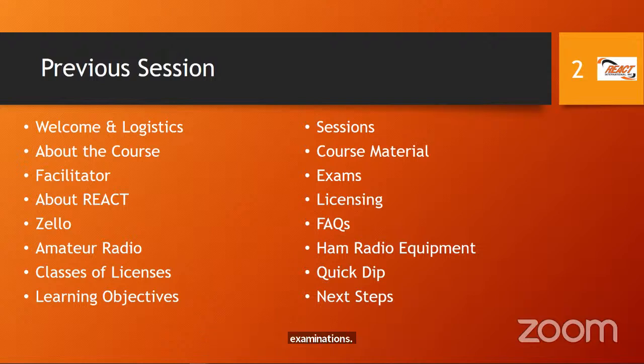And of course, we had a brief look at the licensing process, both for the US and Trinidad and Tobago. Then we dealt with a couple of frequently asked questions, as well as a quick look at what ham radio equipment might look like, different types. Then we had a quick look at the question pool, and we also discussed the next steps for the classes.